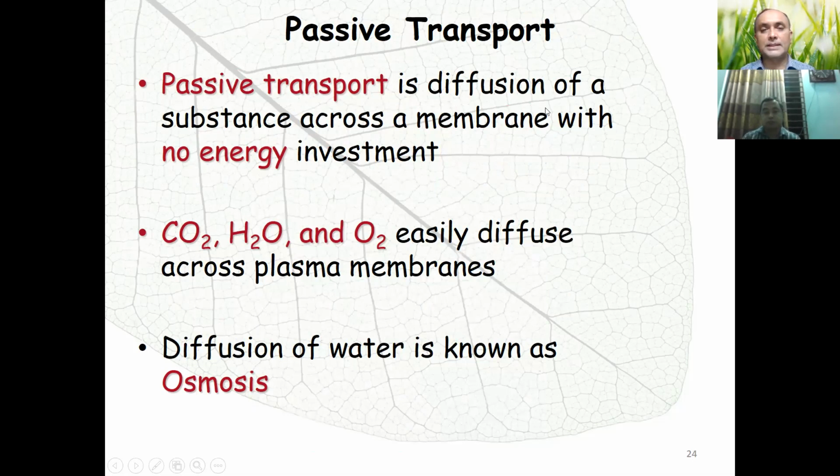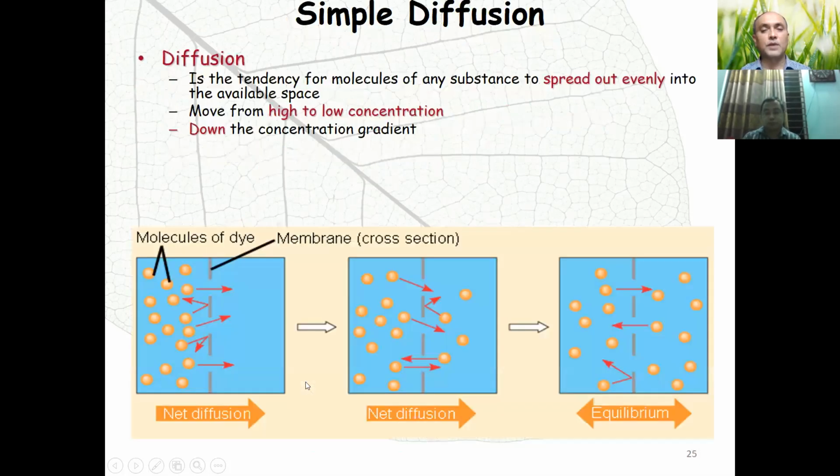Passive transport is diffusion of a substance across the membrane with no energy investment. Carbon dioxide, water, and oxygen can easily diffuse across the plasma membrane. Diffusion of water is known as osmosis. You know osmosis very well.